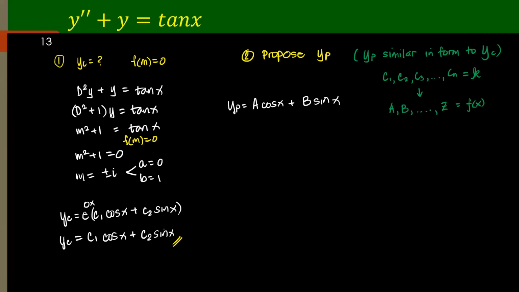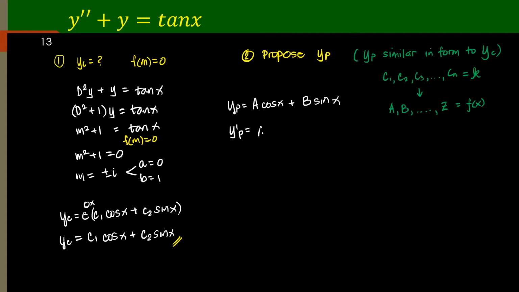All right, looking at the original question, you can see here there's a y double prime. Since there's a y double prime, first I need to have a y prime of p. Take note that A is a function of x, and B is also a function of x. So when we get the derivative of this one, it has to be the product rule.